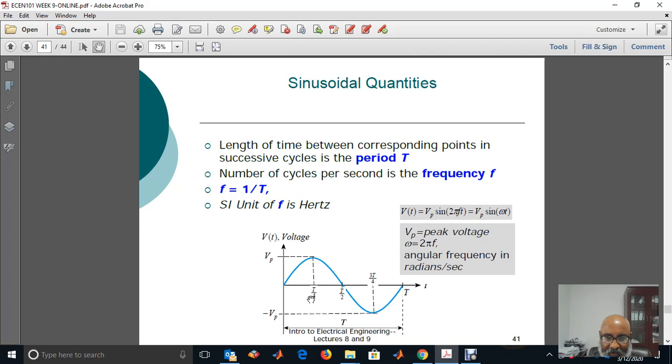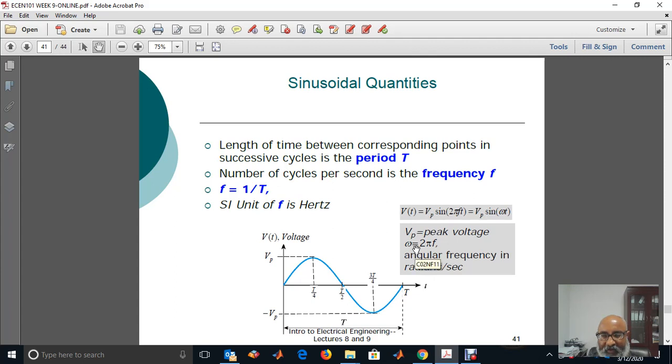At a quarter of the period, we have the maximum point, and at the half period, we have the 0 point, and at 3 times T over 4, we have the minus Vp point. Vp is called the amplitude, the peak voltage.